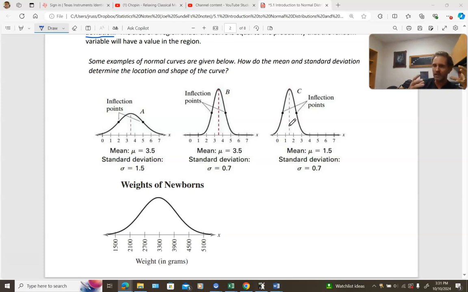Okay, because the mean puts into reference how spread out it is, because you compare the standard deviation to the mean, and that's called the coefficient of variation. So that really tells us how spread out the distribution is.